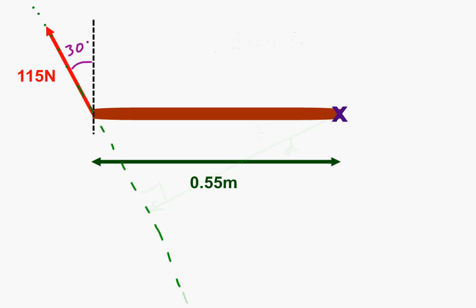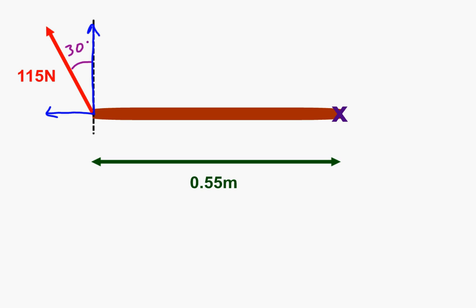The way I sometimes do it, just to give you an alternative approach, is to do some components. What I might do is resolve this force into 2 components at right angles to each other, because it makes my life a bit easier, and I think it sometimes just gives you a neater diagram.